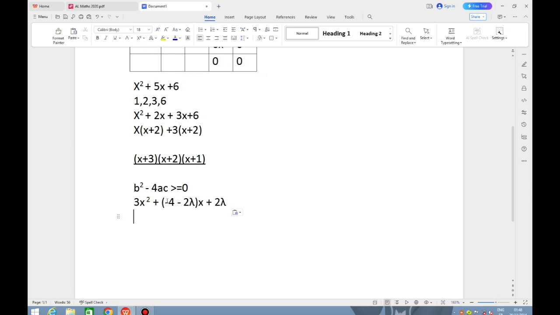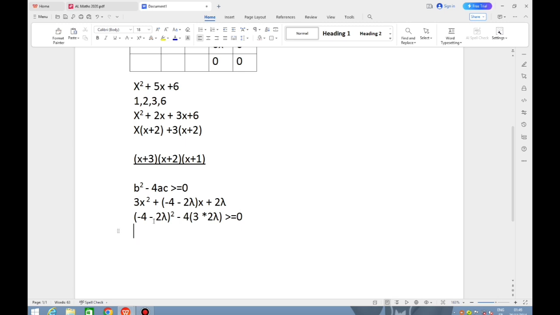So our b here is minus 4 minus 2 lambda, so this squared, minus 4 into our a here, which is 3, and our c here, which is 2 lambda, so that's 3 times 2 lambda, should always be greater than or equal to 0.